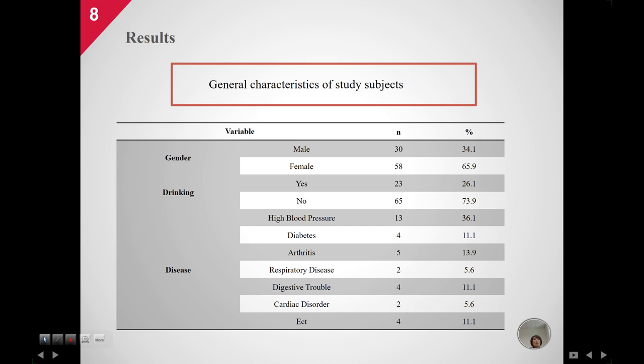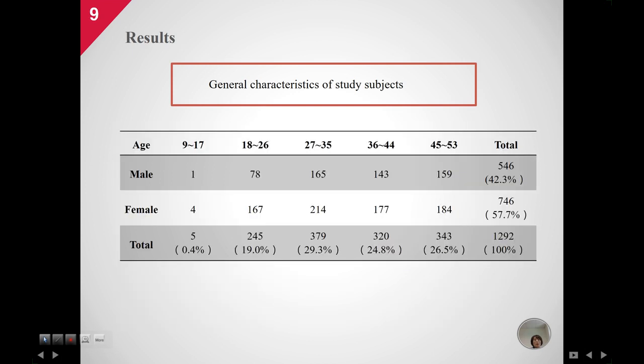We designed the study with those participants classified into 5 groups according to their ages: 9 to 17, 18 to 26, 27 to 35, 36 to 44, and 45 to 56.